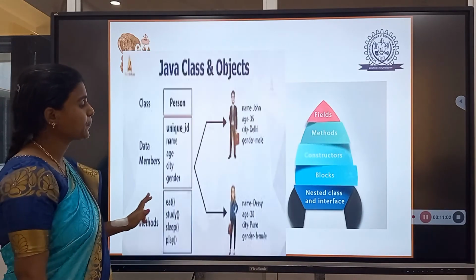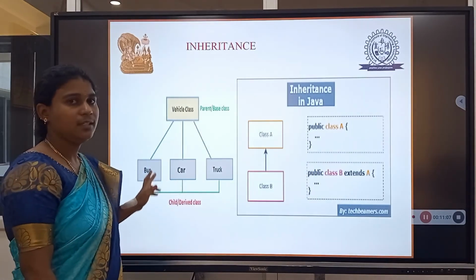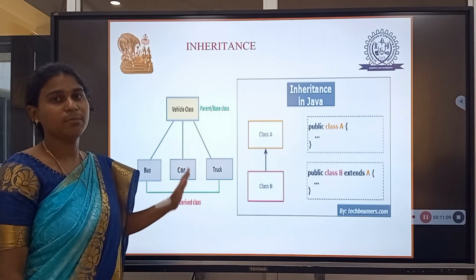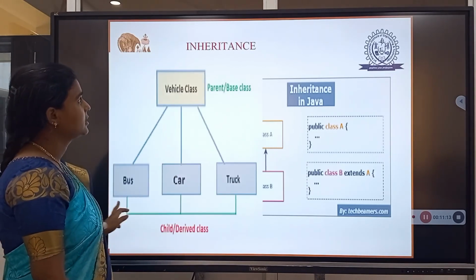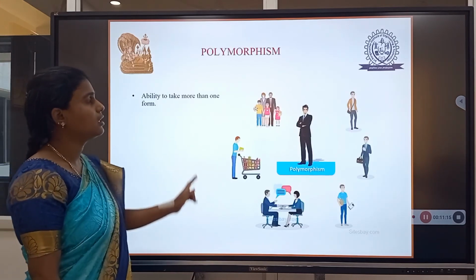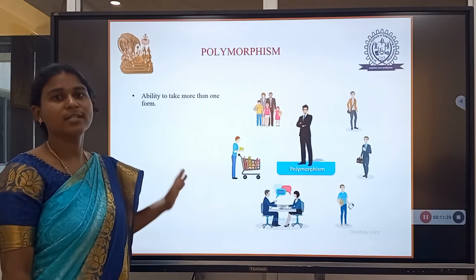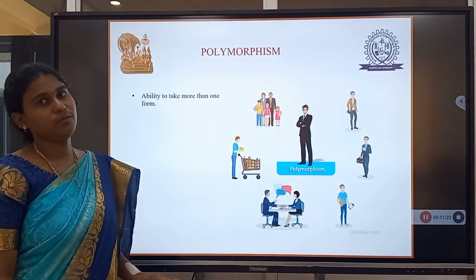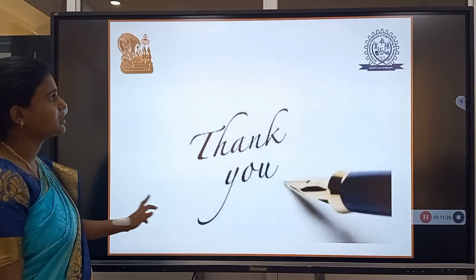Inheritance is deriving a class from an old class. And finally, we end with the final pillar of OOP. What is it? Polymorphism. It's the ability to take more than one form. That's all about the basic pillars.